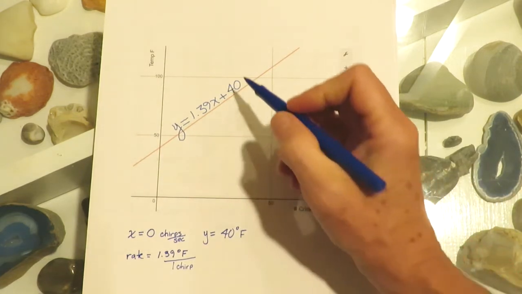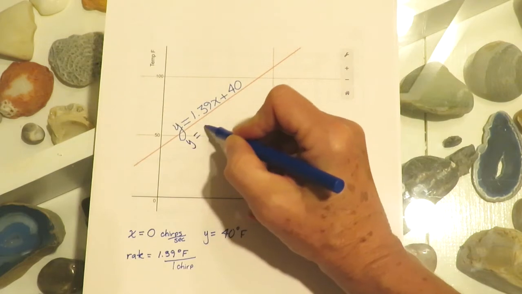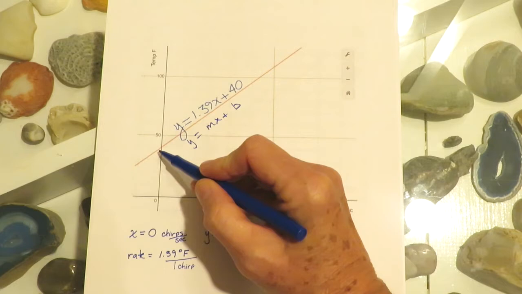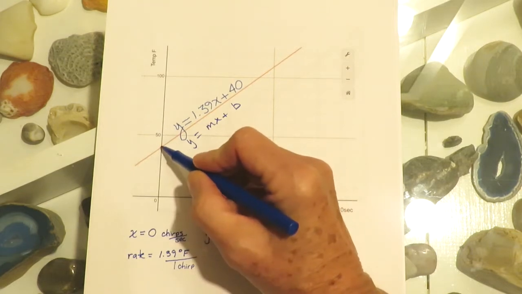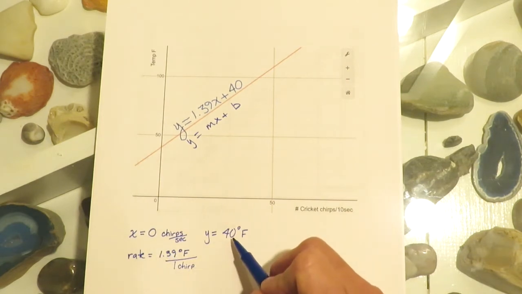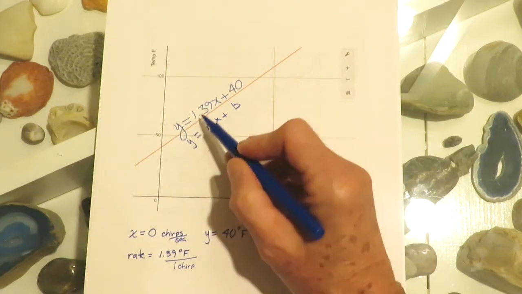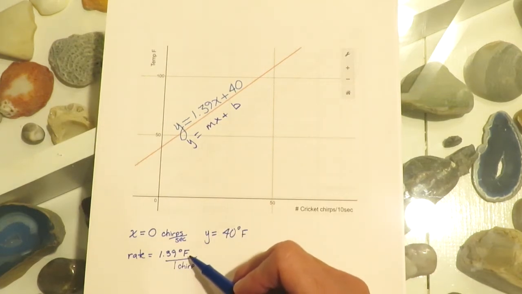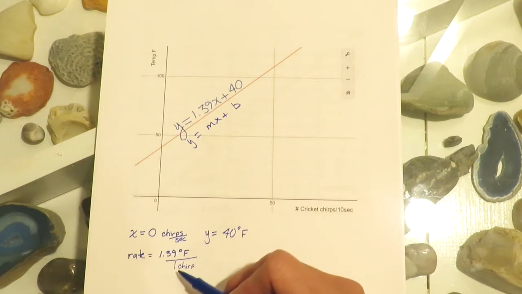In this case, the b, the y equals mx plus b, is still the y-intercept, it always is, and it's 40. That means that when there are no cricket chirps, the temperature would be 40 degrees Fahrenheit. And then the slope, 1.39, is telling us how much the temperature is increasing for each additional chirp of crickets that we hear per 10 seconds.